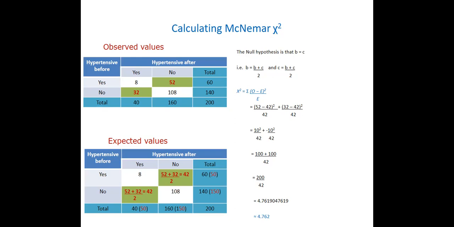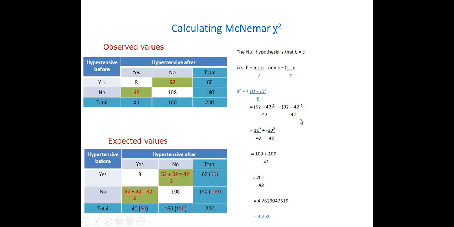Thank you. Dr. Warigo, do you get it now? Yes, sir. Okay, that's great. Since those are the only two you are using, all you need to do is say, okay, look at it, 52 minus 42 squared over 42 plus 32 minus 42 squared over 42.